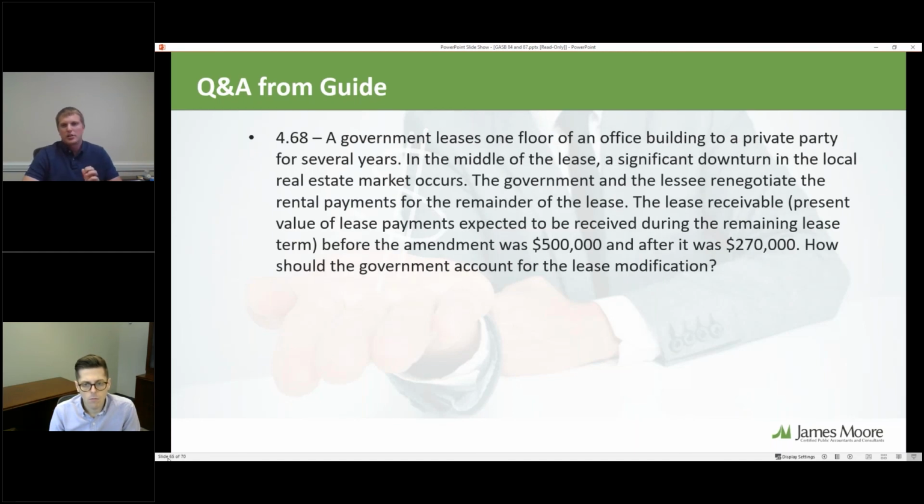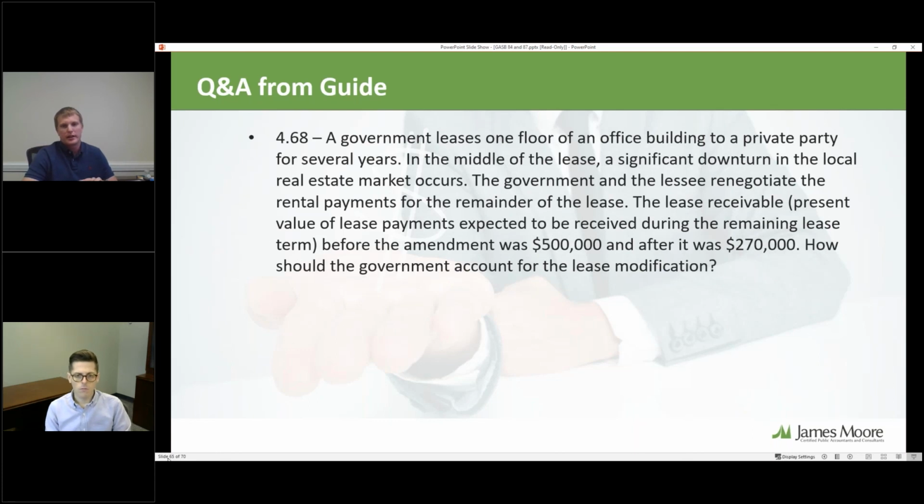A government leases one floor of an office building to a private party for several years. In the middle of the lease, there's a significant downturn in the local real estate market. The government and the lessee renegotiate the rental payments for the remainder of the lease. The lease receivable, which is the present value of the lease payments expected to be received during the remaining lease term, before the amendment was $500,000 and after it was $270,000.